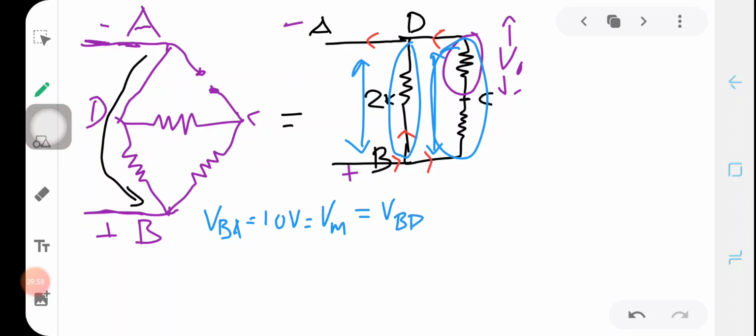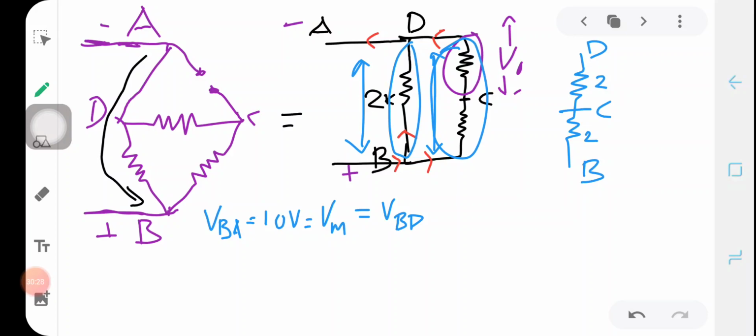Now if you consider this branch BCD, I'm just drawing it like this here. Here it is B, it is D, here it is C. Here the resistance is 2, here the resistance is 2. Since the resistances are the same, the voltage across BD will drop across these two resistances equally.